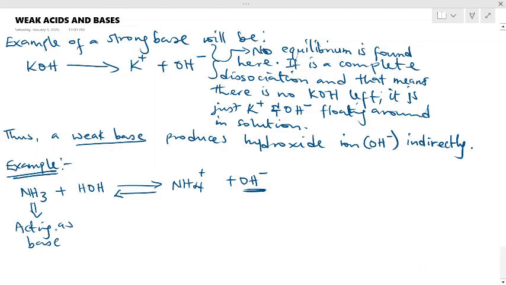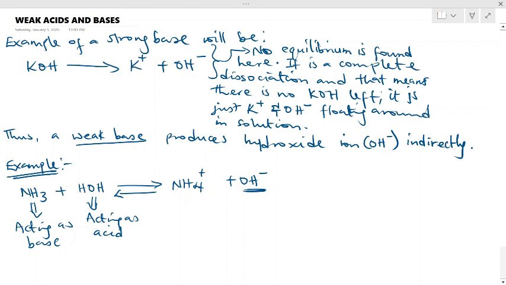Why? Because it is the one that is accepting the proton, while the water here is actually acting as the acid, because it's the one donating the proton.